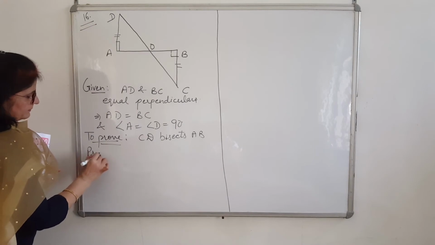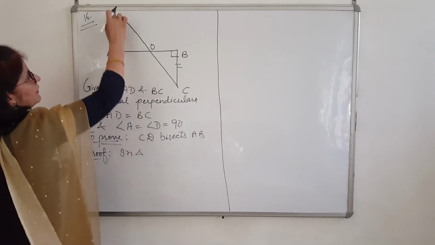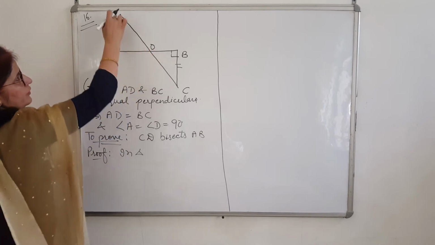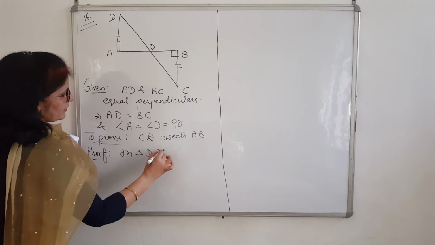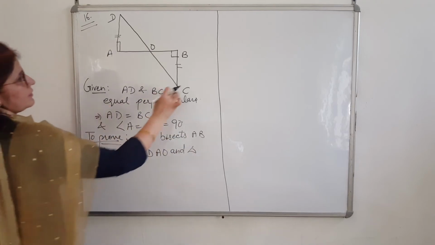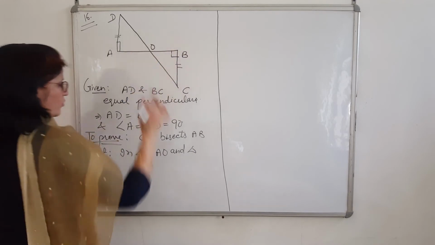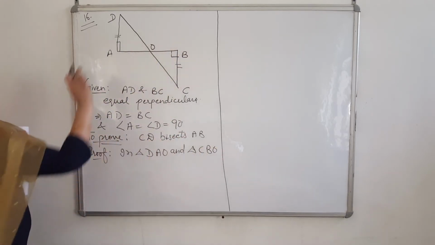Proof: in triangle DOA or DAO, that is up to you, and triangle COB. Now which three things are common here?